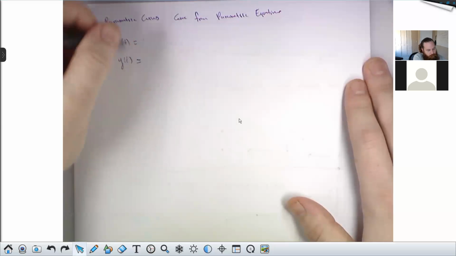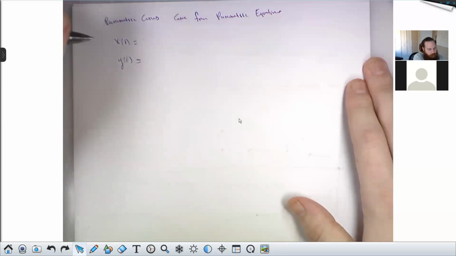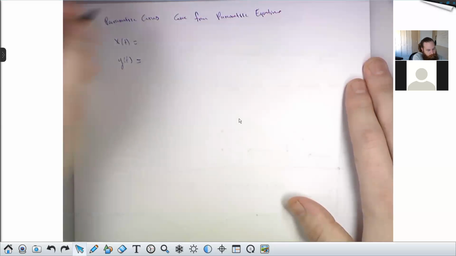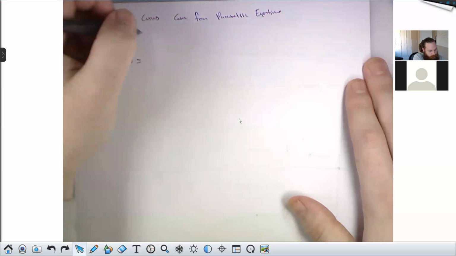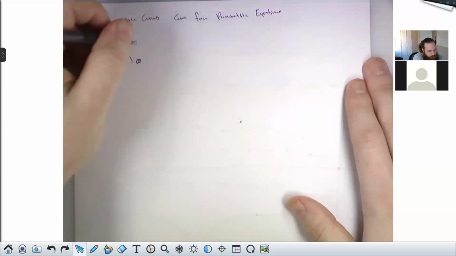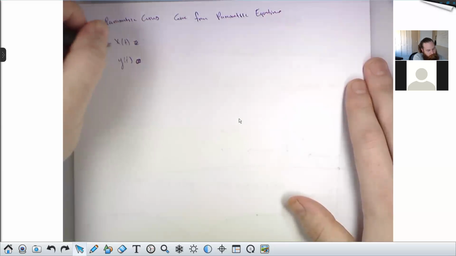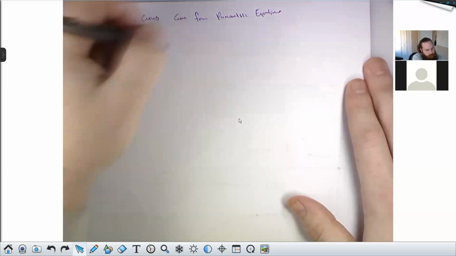So I give you two different equations, one for x, one for y. Say it like this: x is equal to x of t, y is equal to y of t.